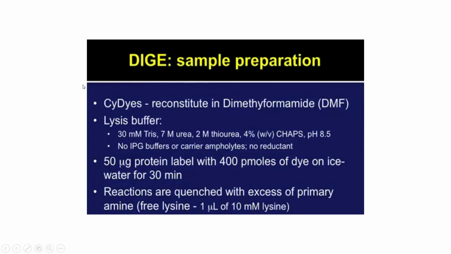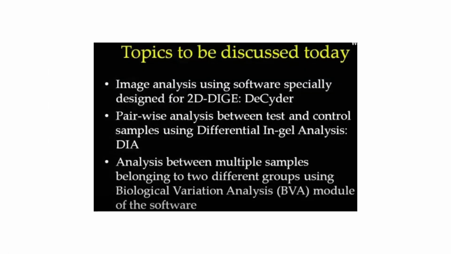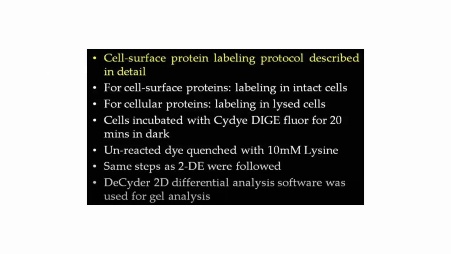All these components which help in lysis will not be added. You'll just have a buffer which has 8.5 pH, and then you will add the dye if you are trying to check the surface proteins.